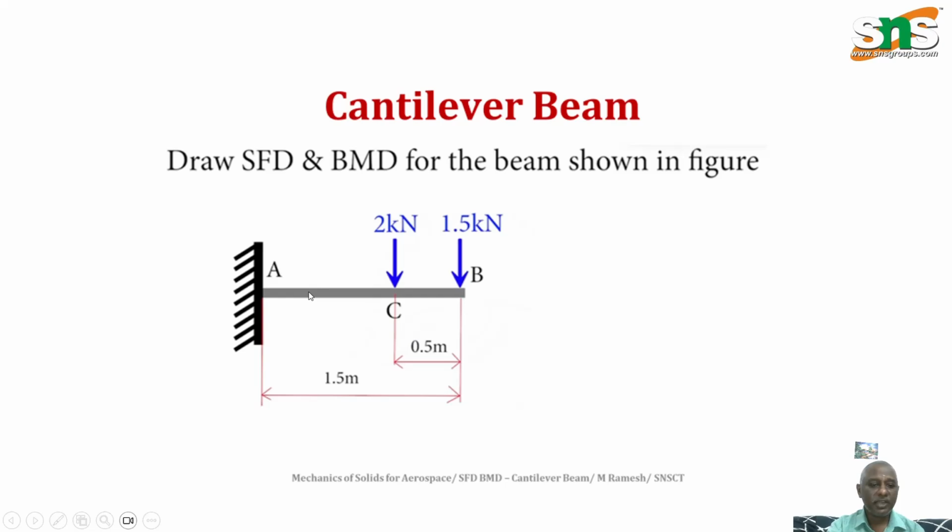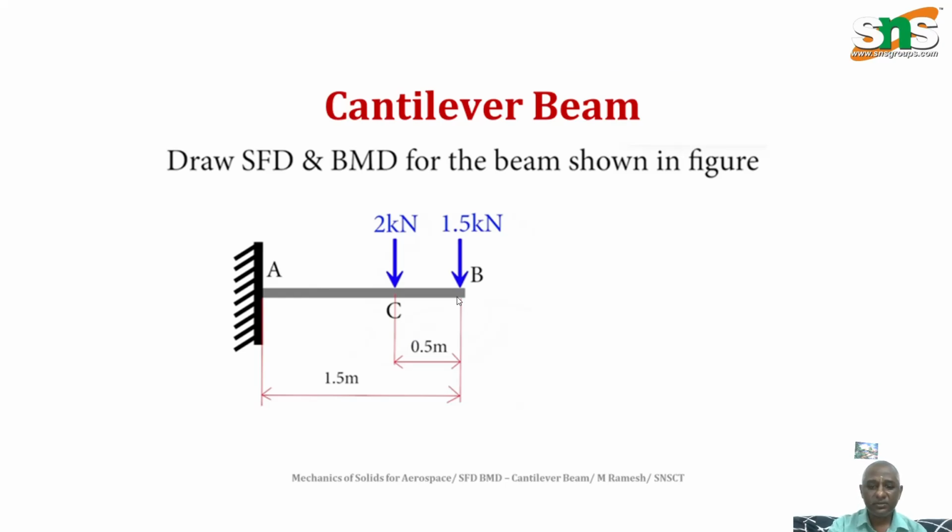The total span of the beam is 1.5 meter, and the 2 kilonewton load acting at point C is 0.5 meter from point B, that means from the right support. So this is the problem given: to solve for the shear force and bending moment values, and to draw the shear force diagram and the bending moment diagram.